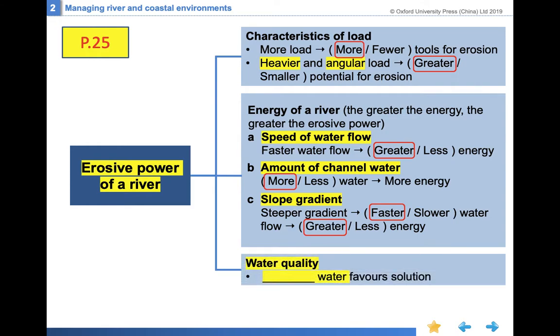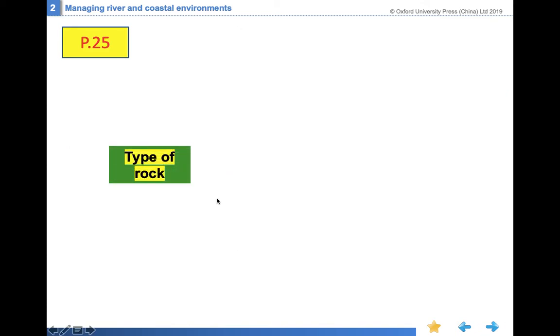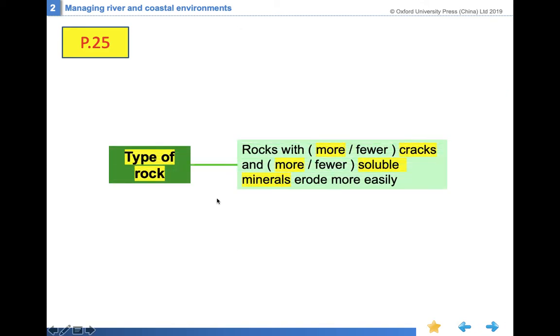For the water quality, acidic water favors solution, because many minerals are soluble when they meet the acid. Next is the type of rock. As we learned in chapter 8, rock with more cracks and more soluble minerals would erode more easily.